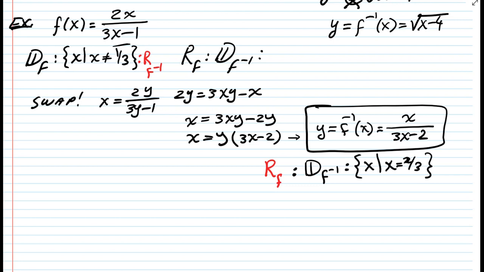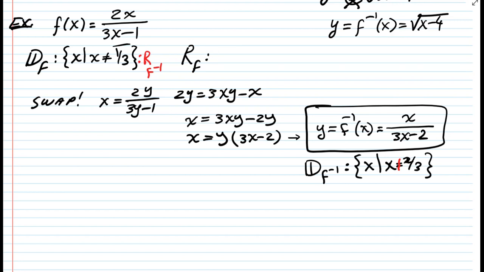Except for the range of the function, let's see, we look at y values, correct? So let me rewrite it. All right, let me do it this way. So the domain of the inverse, again, is anything but 2/3, right? So that means on the range of the function, therefore, y cannot be 2/3.